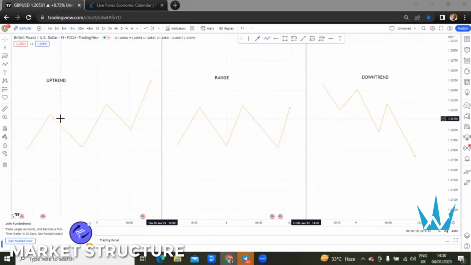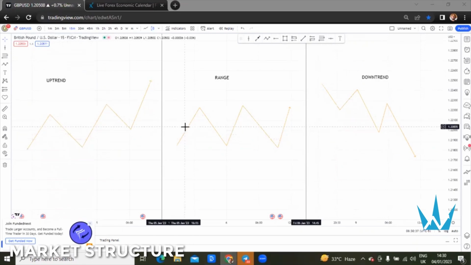So this is an uptrend because what we see in price is that price will create a high, create a low. The next high will be higher than the previous high, meaning it's progressively going up. So even as it's moving in waves, it's showing that it's progressive, it's going higher.